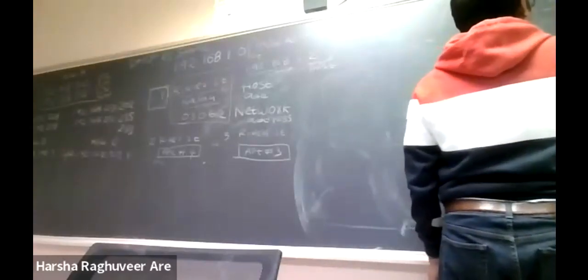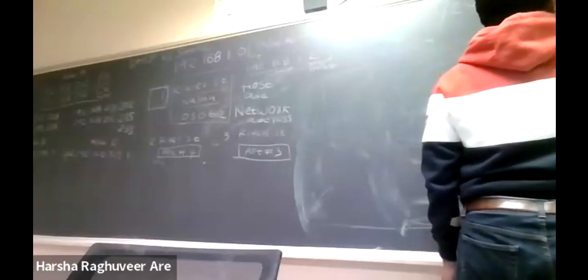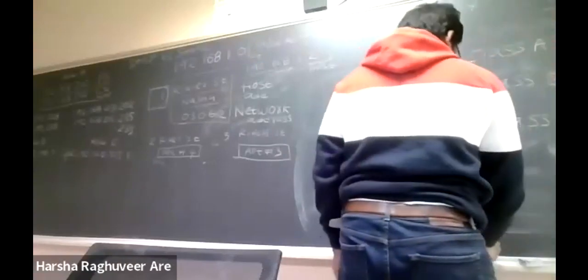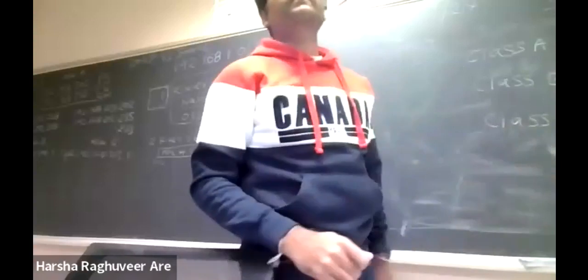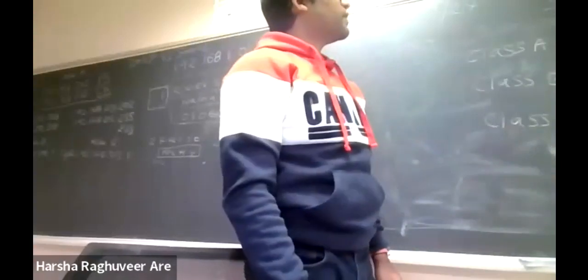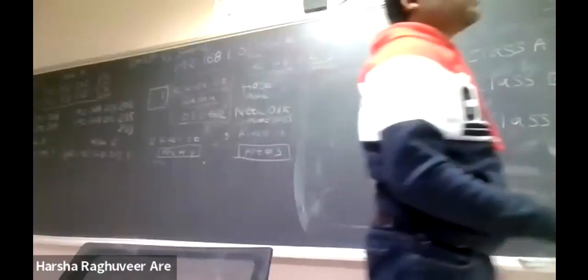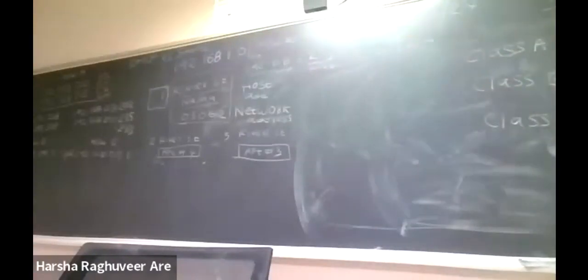So what they did is class A: any IP address that starts with 1 to 126 in the first octet, they said it's class A. And they said that you can only use subnet mask /8.